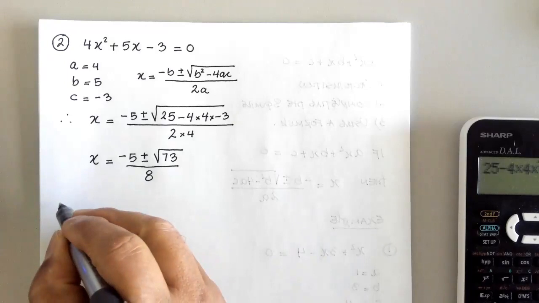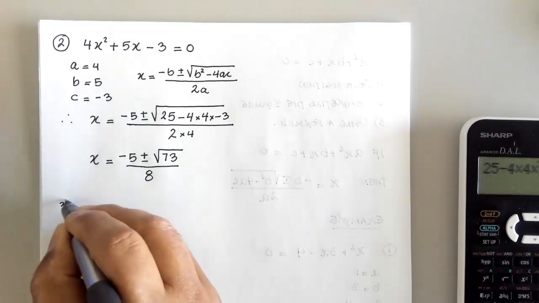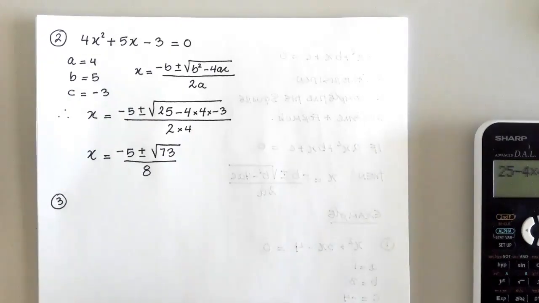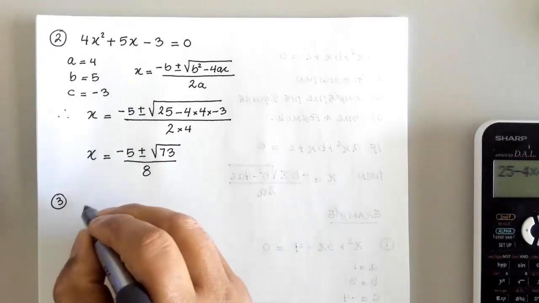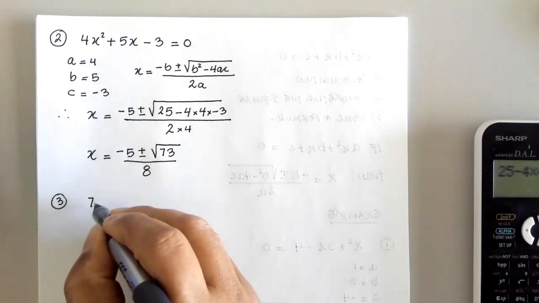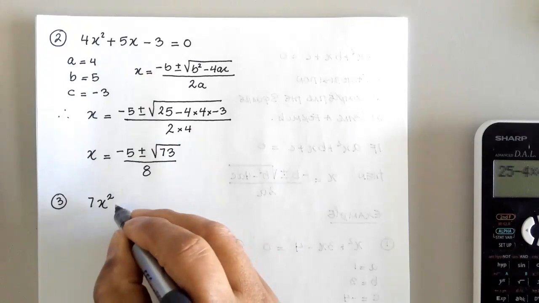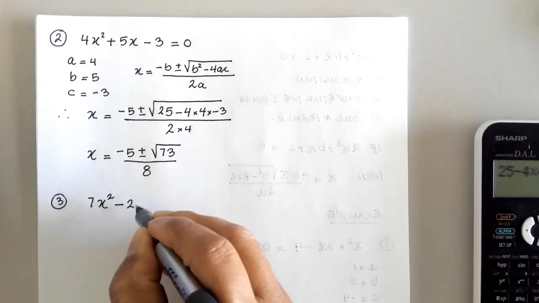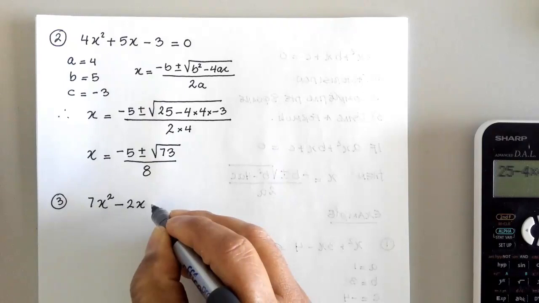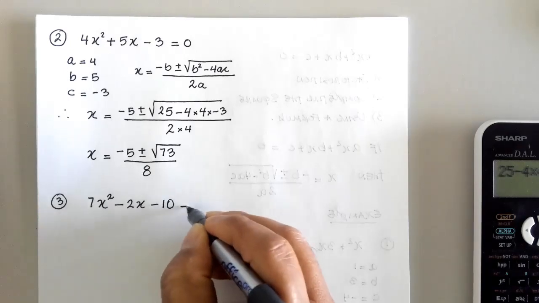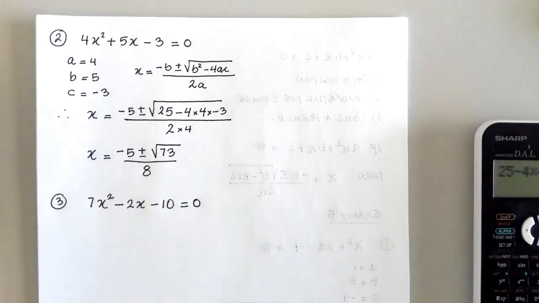Let's do another one. One more, and then we'll do something else. Question 3 says 7x squared minus 2x minus, let's say minus 10, why not, equal 0.